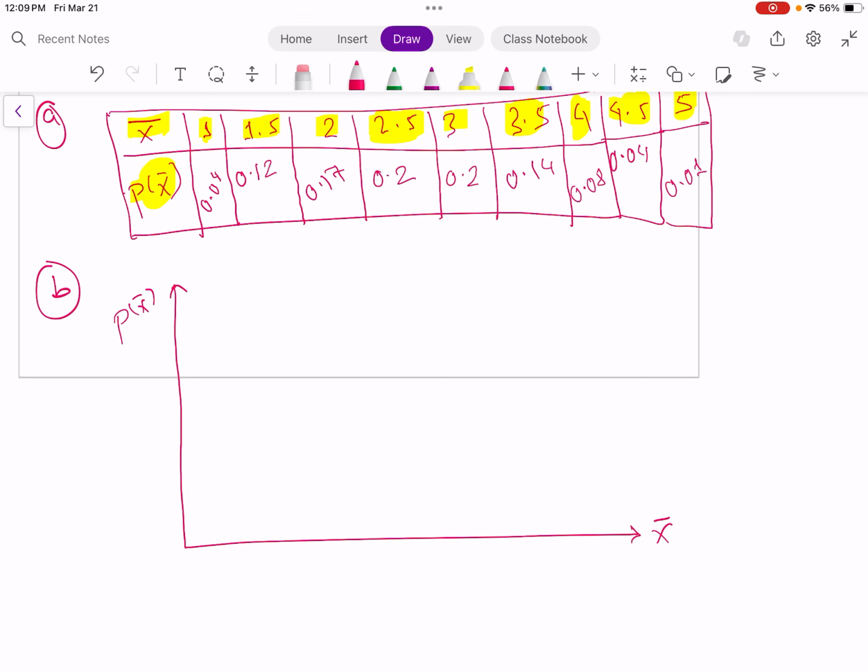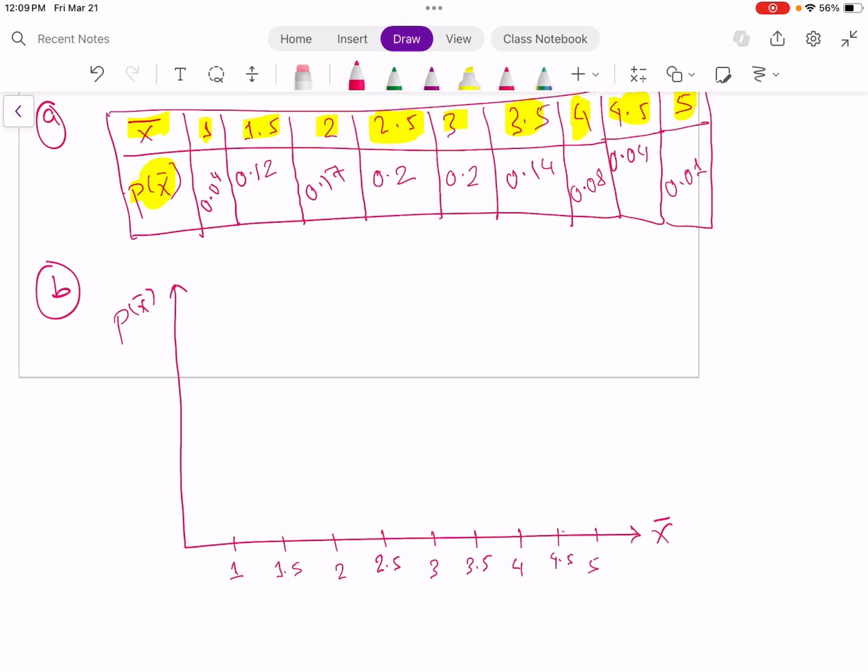Okay, now let's write down the values of x bar. So x bar takes a value 1, it takes a value 1.5, it takes a value 2, it takes a value 2.5, it takes a value 3, it takes a value 3.5, 4, 4.5 and 5. Now in the histogram we need to draw a bar.